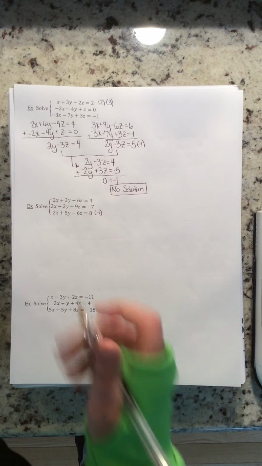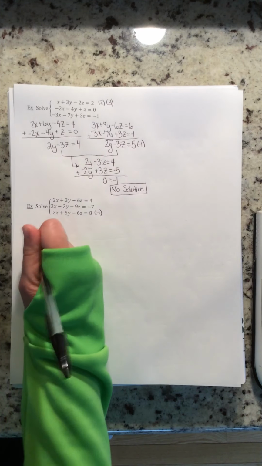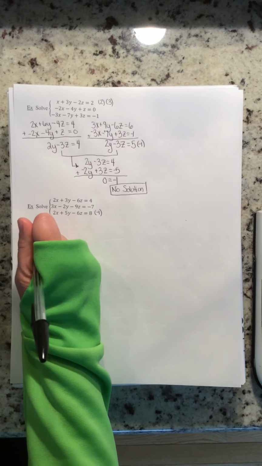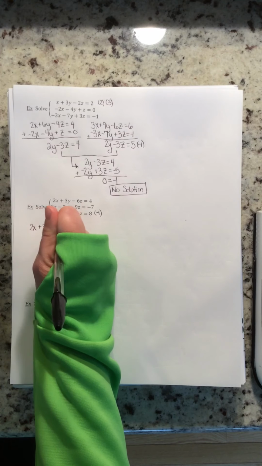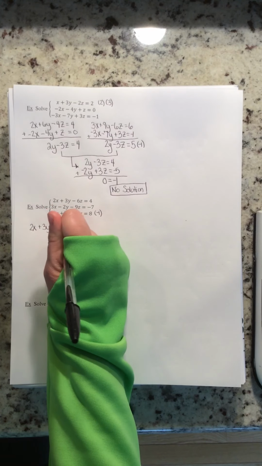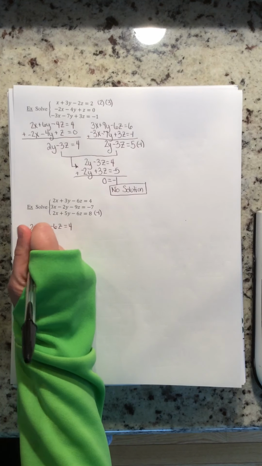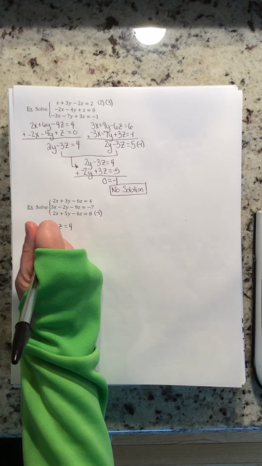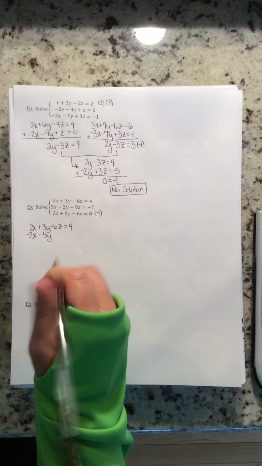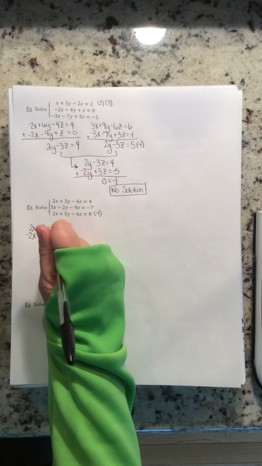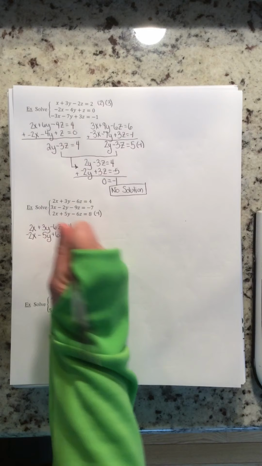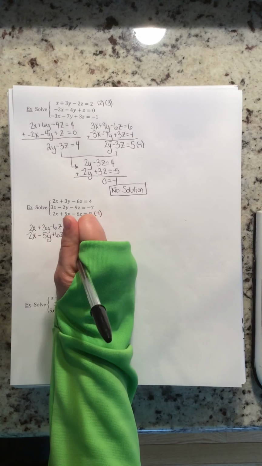So copying the top exactly as it is, I am obtaining 2x plus 3y minus 6z is equal to 4. The bottom is getting multiplied by a negative 1. Negative 2x minus 5y plus 6z is equal to negative 8.